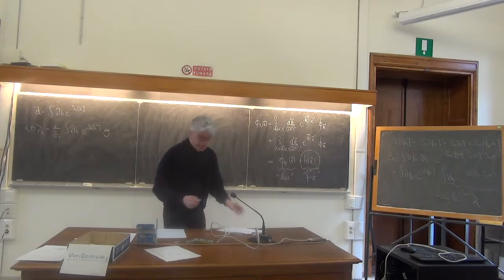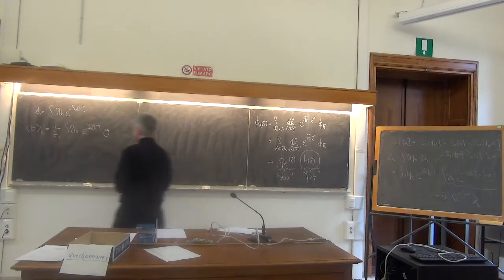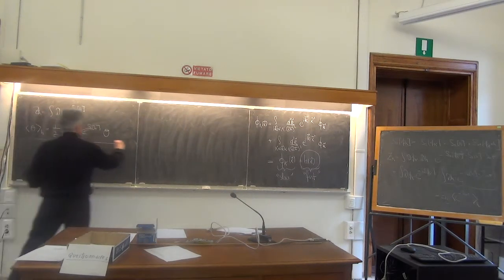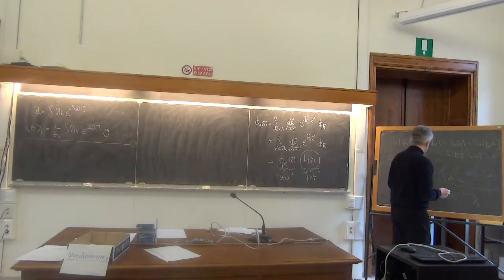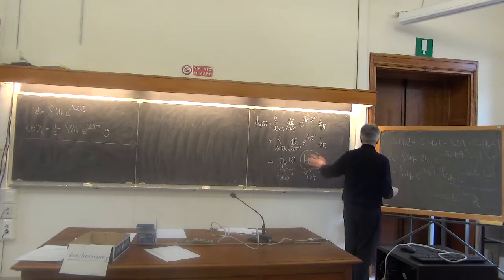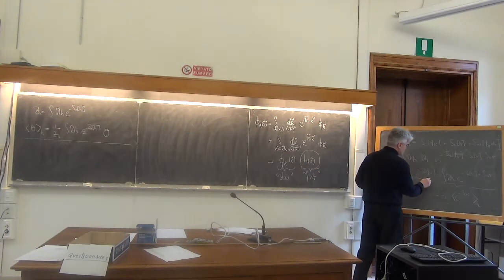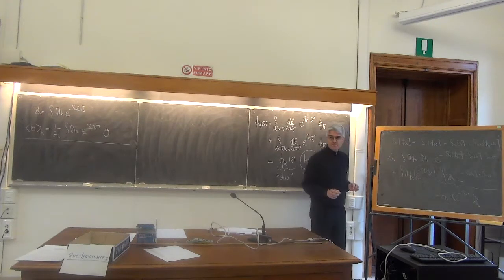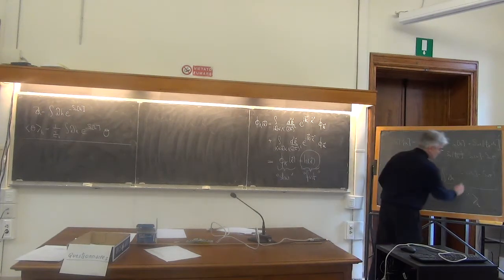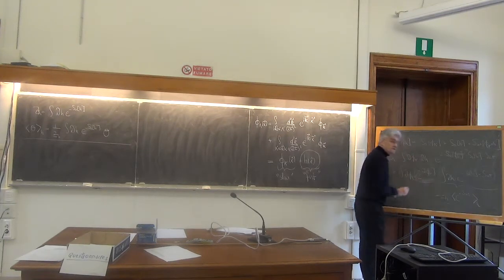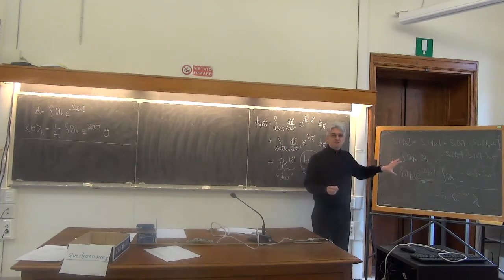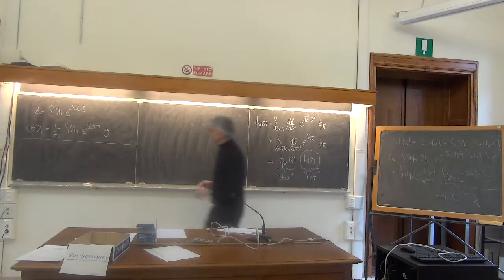Now, what I said we wanted to do was to work out how integrating out these fast degrees of freedom would affect the slow degrees of freedom. So I want to know, if I do this path integral here, how does it change the action for the slow degrees of freedom?